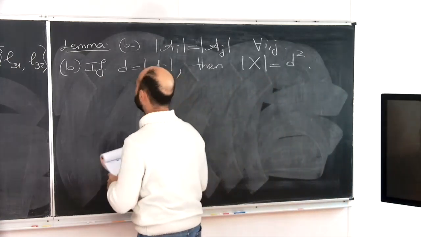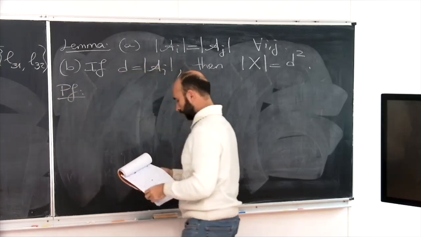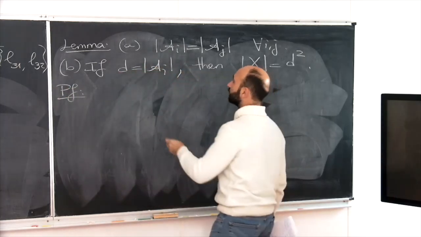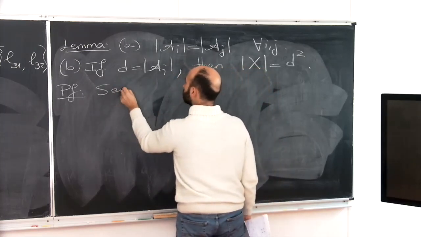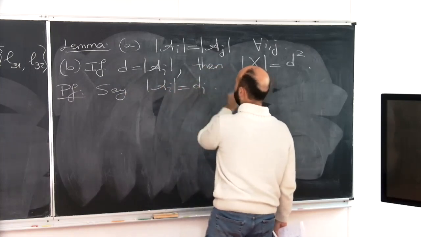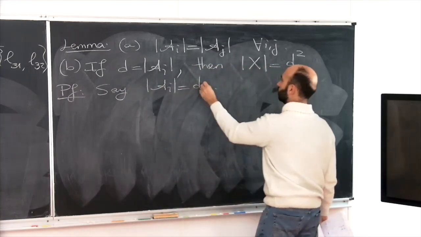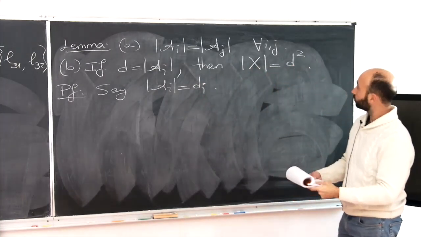Okay, I mean, the proof is not too difficult. Initially, suppose that, and we can prove both parts together, say Ai has di lines inside. I mean, a priori, let's give them different names, d1 up to dm.